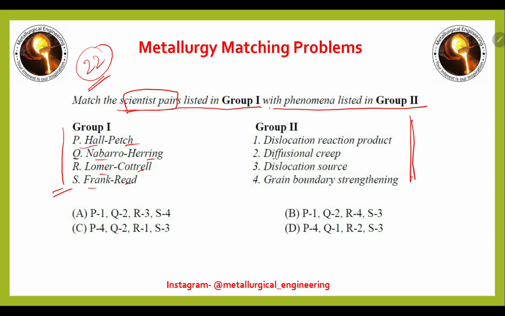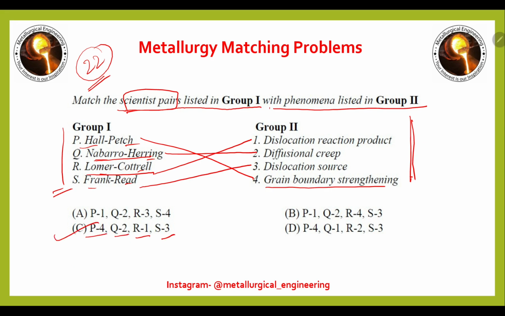So the Hall-Petch equation is for grain boundary strengthening, that is P4. Nabarro-Herring is for diffusional creep. Lomer-Cottrell is for dislocation reaction product, and Frank-Read is for dislocation source. So the right answer is P4 Q2 R1 and S3. C part is the right answer.